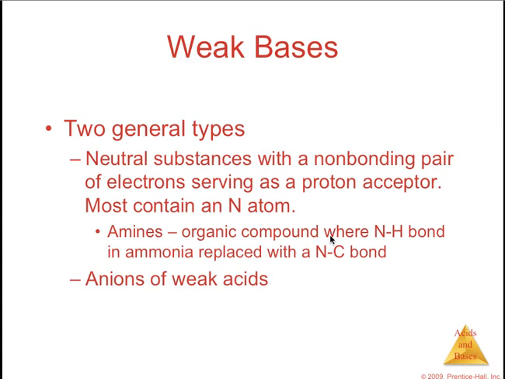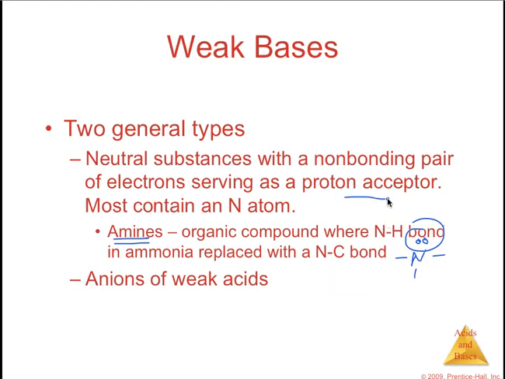When we talk about weak bases, there are two general types. There are neutral substances with a non-bonding pair of electrons serving as a proton acceptor. Most of these contain a nitrogen atom. A lot of the ones that we'll be working with are the amines, where that N-H bond in ammonia is replaced with an N-C bond, but I still have that nitrogen with 3 bonds and a lone pair that is willing to accept a proton.